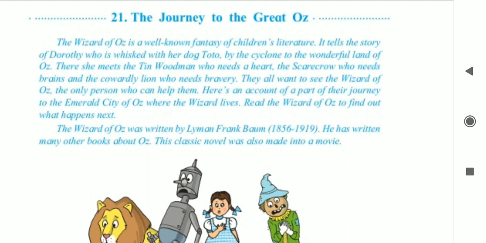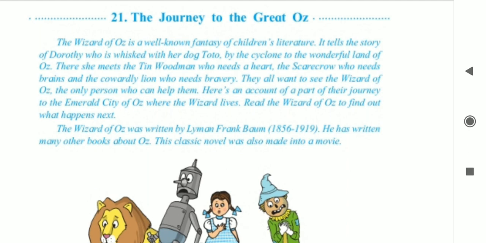So let's see the part of this story here. Before starting, the characters in this particular story are Dorothy, a girl who has her favorite dog Toto. Then comes the Tin Woodman, who needs a heart, the Scarecrow, who needs brains, and the Cowardly Lion, who needs bravery. All want to visit the Emerald City of Oz, where they want to meet the wizard who is supposed to help them in their problem.